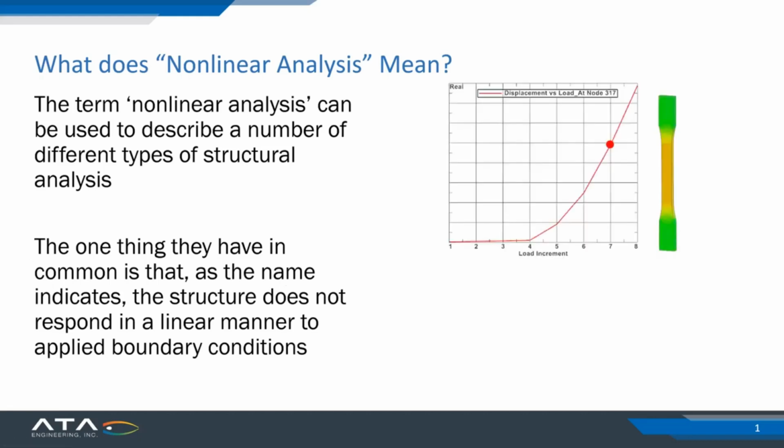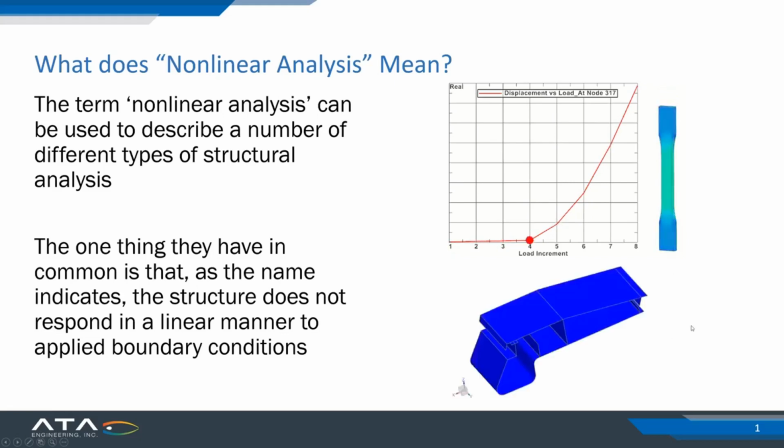Just for a couple of examples here, you can have a simple axial test specimen that you're loading and pulling through yielding, and you can see that as you load that structure, it is definitely deforming in a not linear manner.